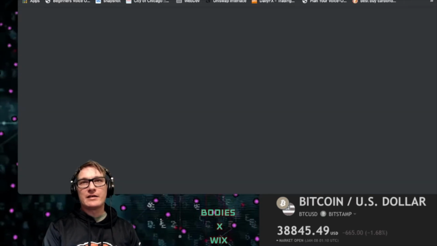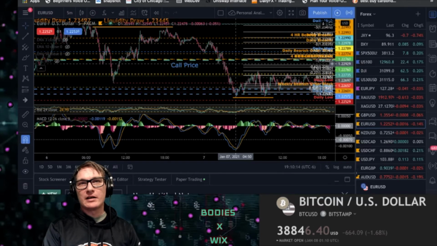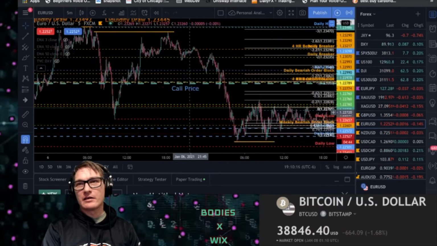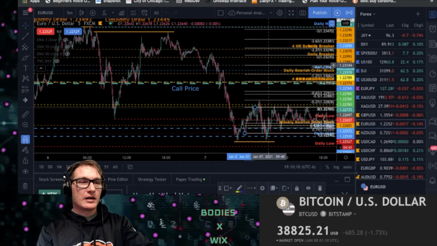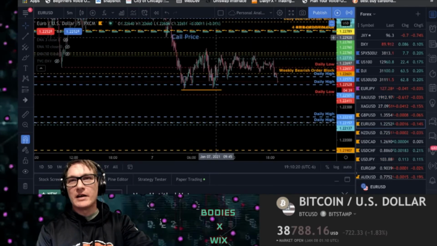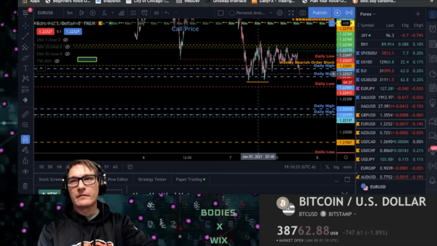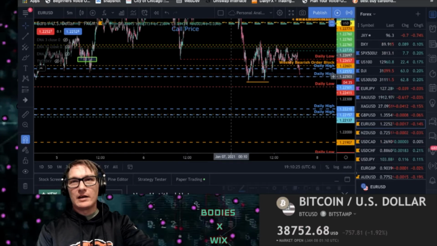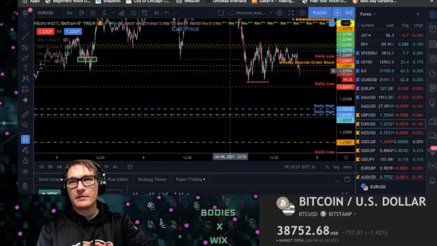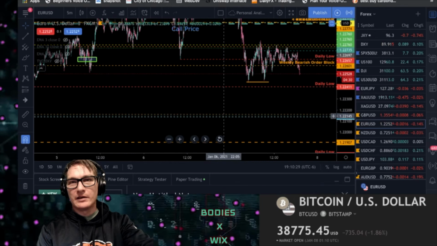And if that's the case, what we're going to be looking at is something like the euro. Evidently, we could be looking at a lot lower prices with the euro. I have a lot of lines I probably need to take off here, especially daily highs that are below here.